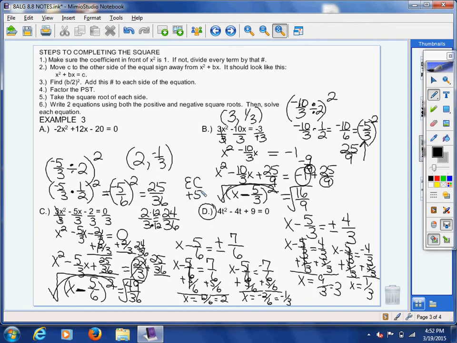I'll make letter D a 5-point question if you can show me not just the answer, but all the work that entails these steps to completing the square. If you can do that and show me the answer at the end, I will give you not 1, not 2, not 3, not 4, but 5 bonus points. Good luck. Bring your questions to class.